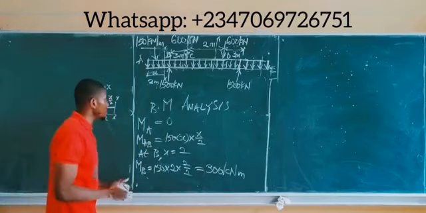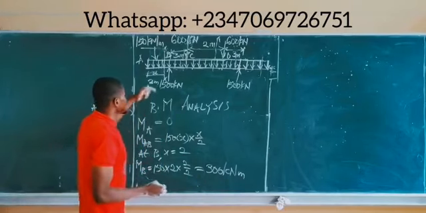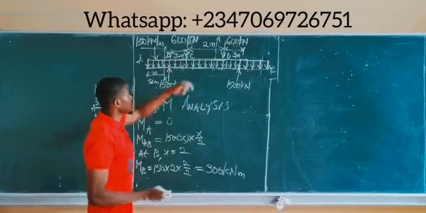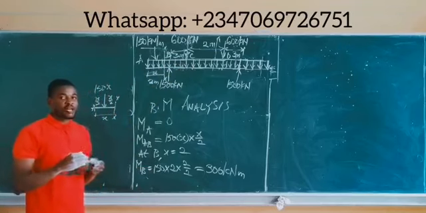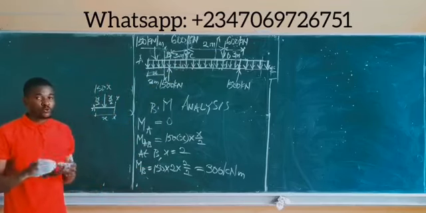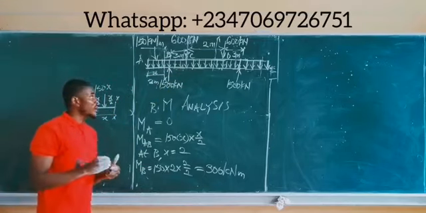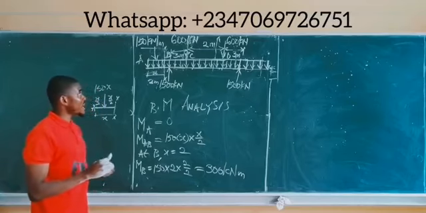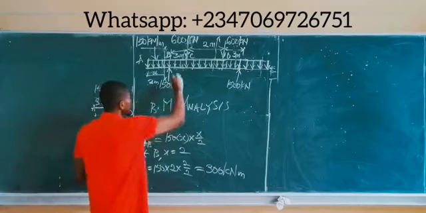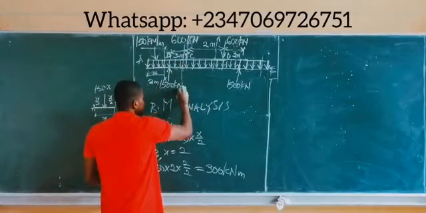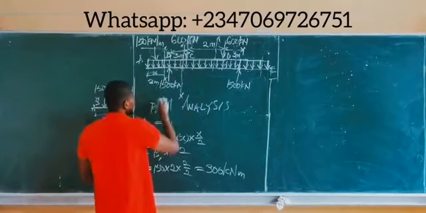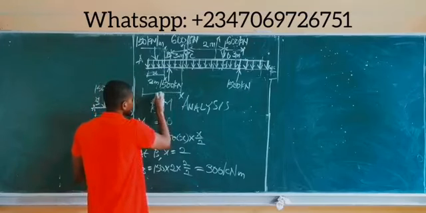Okay, so moving beyond that point, we now consider moving along BC. Because there's also a UDL along BC, it also prompts us to take a section about that point. So we consider taking a section at a distance x from point A along BC. You take section XX along BC, then the distance from point A to the point of section is x meters.